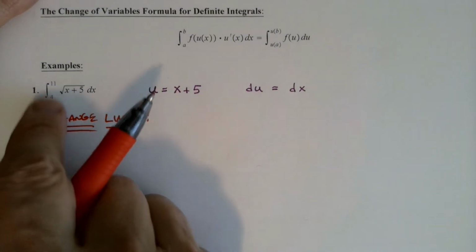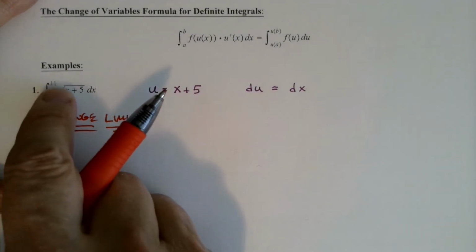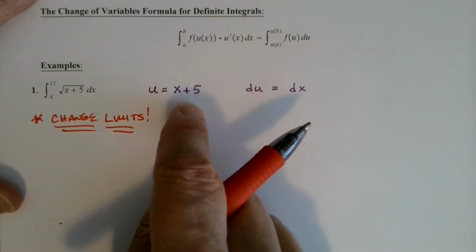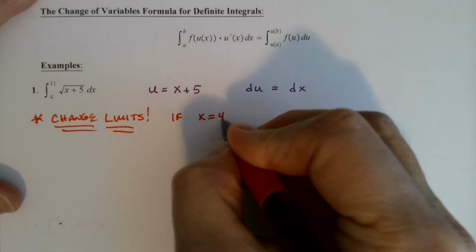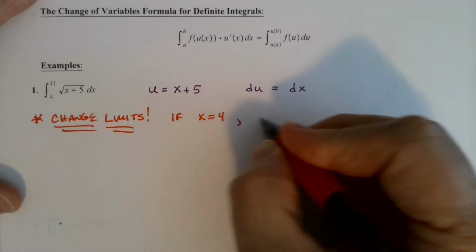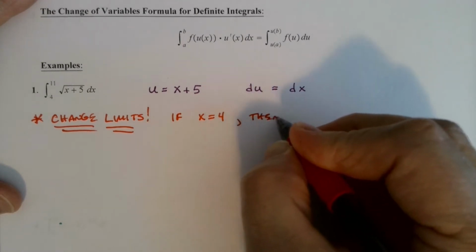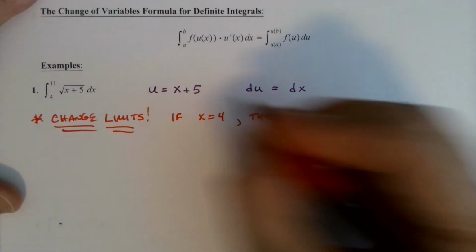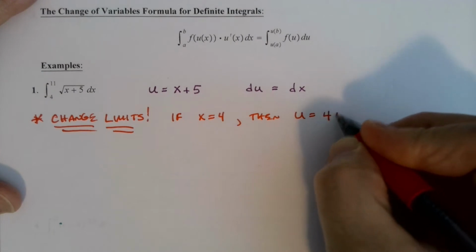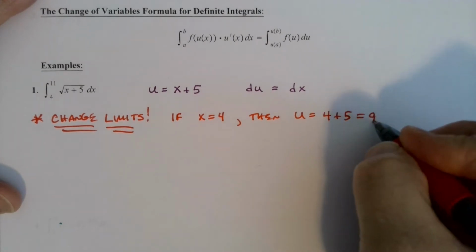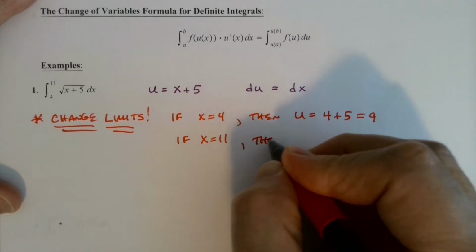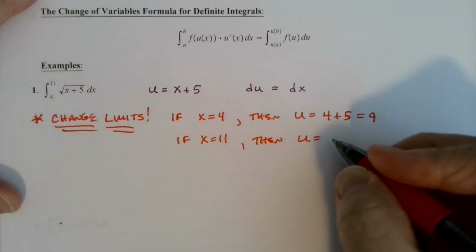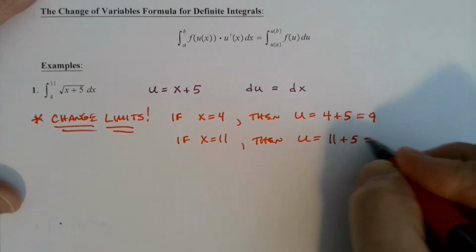These are x variable limits. x varies from 4 to 11. I need to know how u varies. If x is 4, the lower limit, then u, by the formula, is x plus 5, or 4 plus 5, which is 9. And if x is 11, then u is 11 plus 5, which is 16.